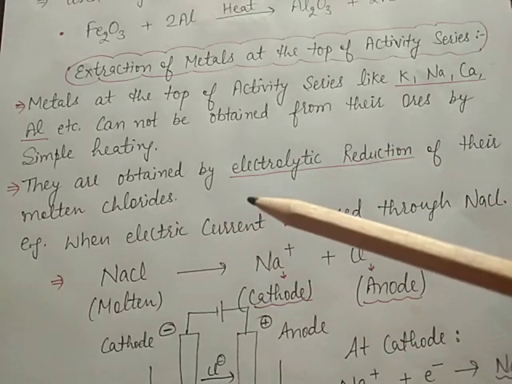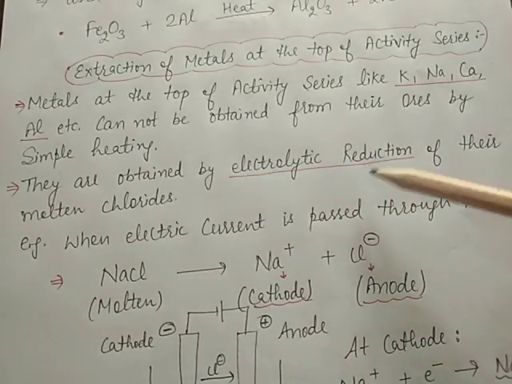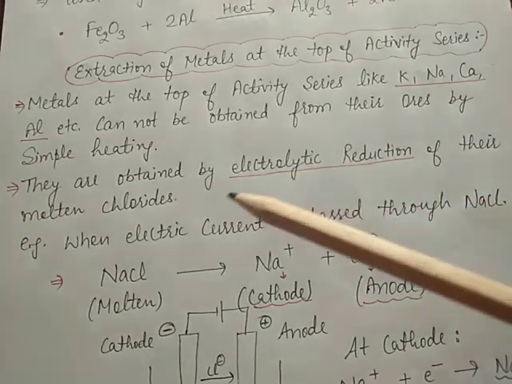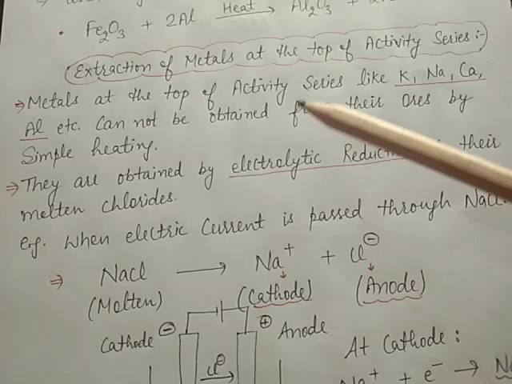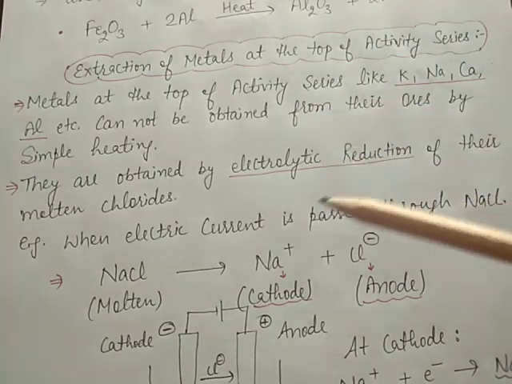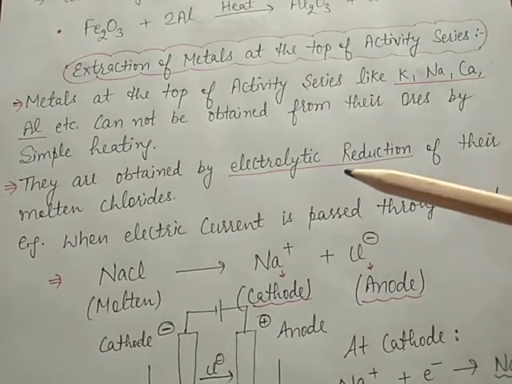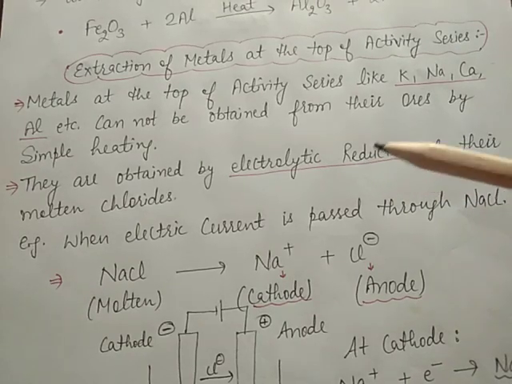So these metals are obtained by electrolytic reduction of their molten chlorides, means highly reactive metals are obtained by the electrolytic reduction method.